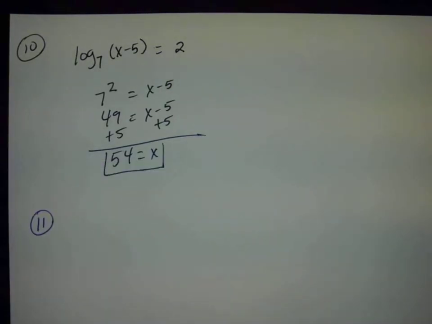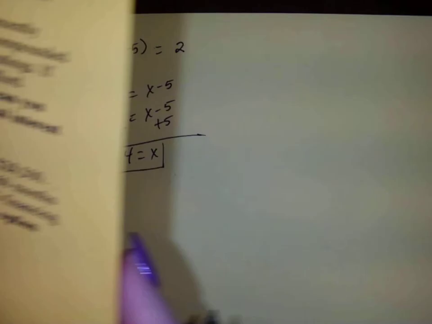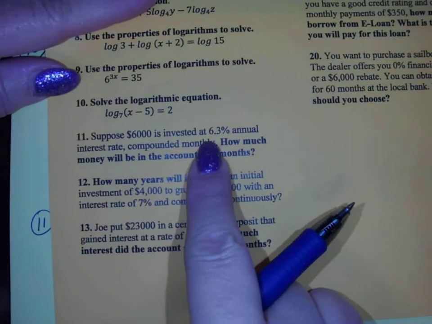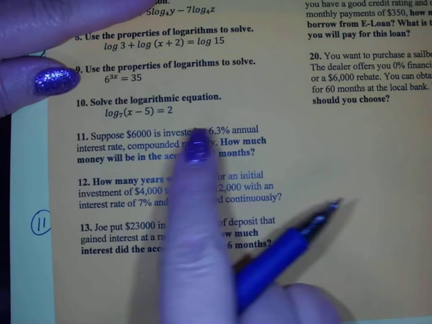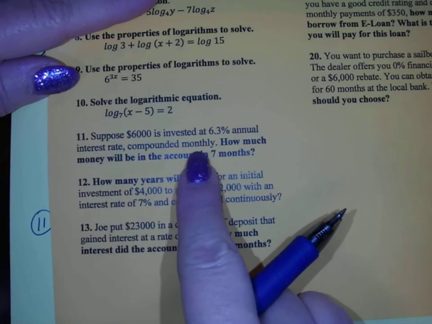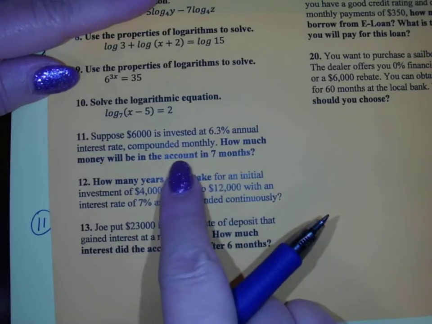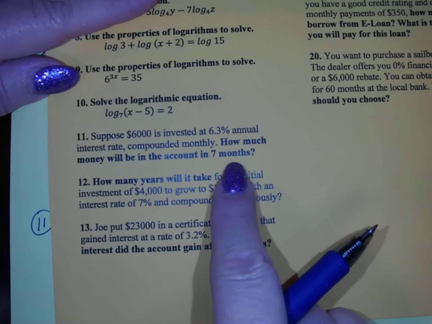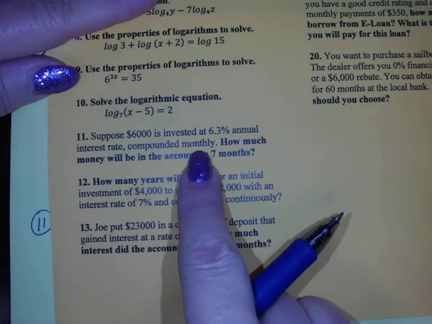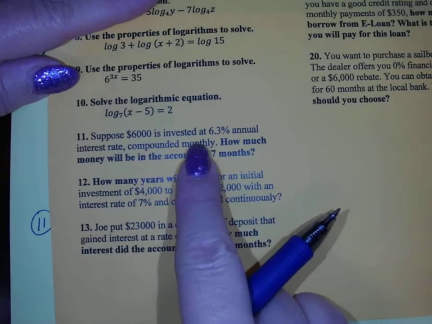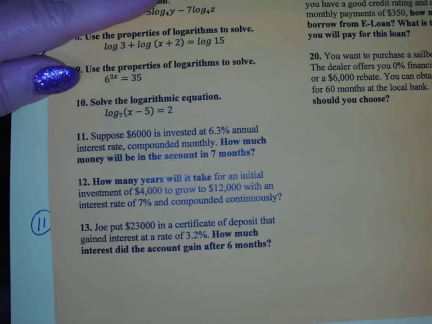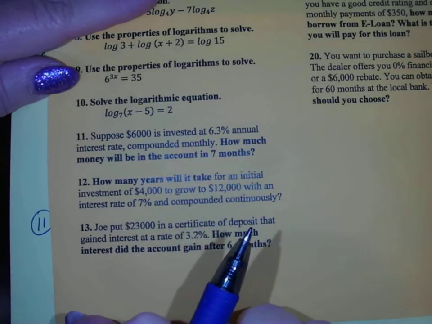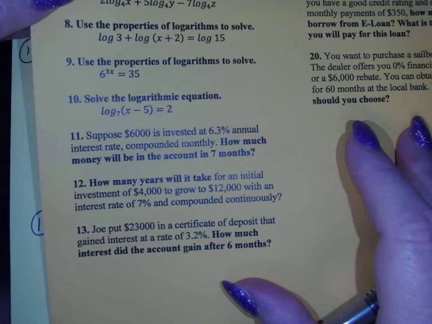All right, number 11, we are given a word problem here. Suppose $6,000 is invested at 6.3% annual interest rate, compounded monthly. How much money will be in the account in 7 months? So on this one, it's compounded monthly, so that tells us that we have an n in our function, or an m, depending on how your formula is.